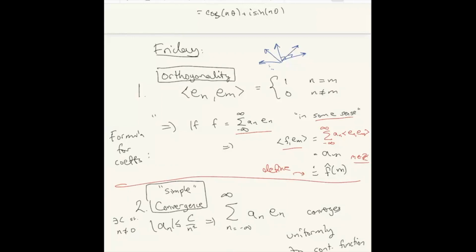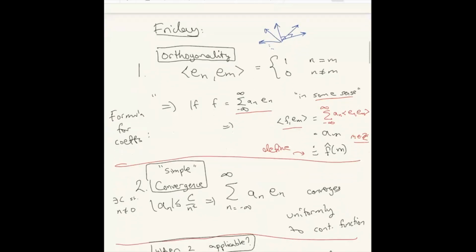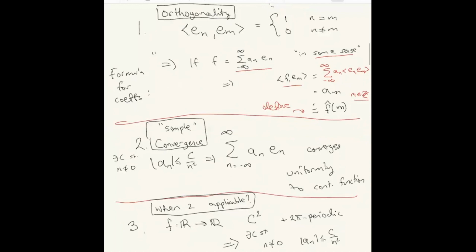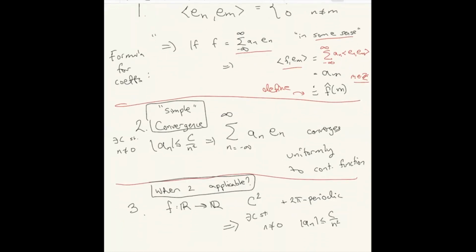So if there is any way that you can write a Fourier series, even in the weakest sense of convergence that you might encounter, then this has to be the formula for the coefficients. So these are the Fourier coefficients, regardless of how you think of this as converging. And that's a pretty powerful idea. This calculation is one way of justifying it, even though it's a bit hand-wavy in this part.